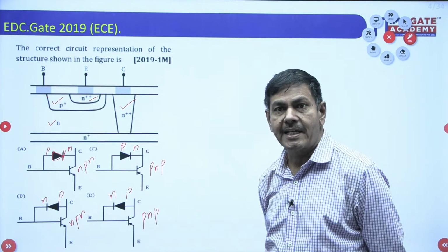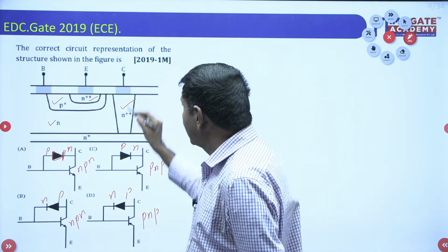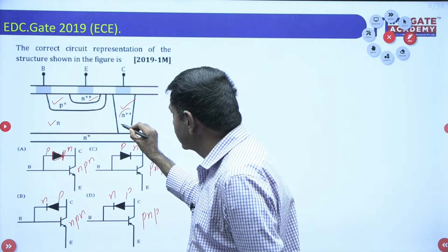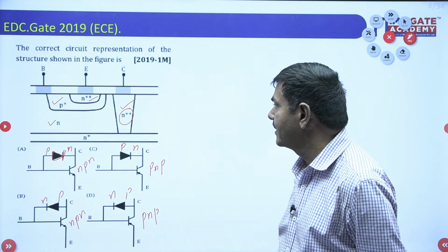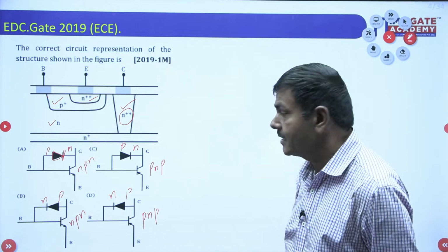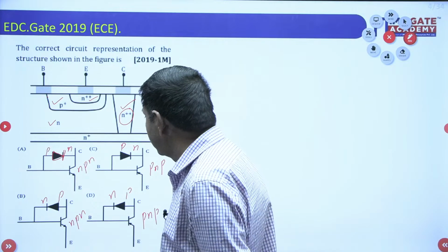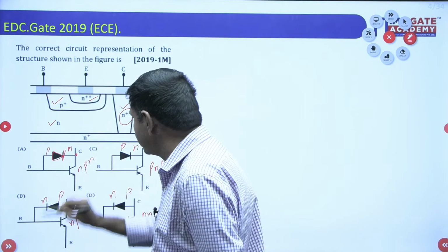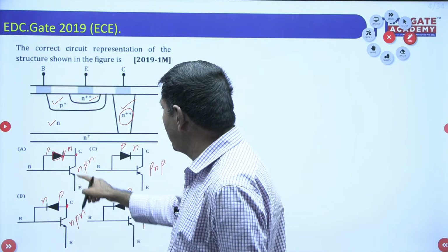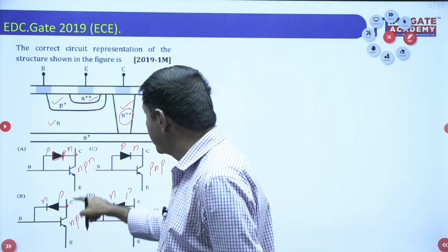Now you can understand clearly which option is right. The collector is with N-type material. Here this is the collector, and this is also a collector.